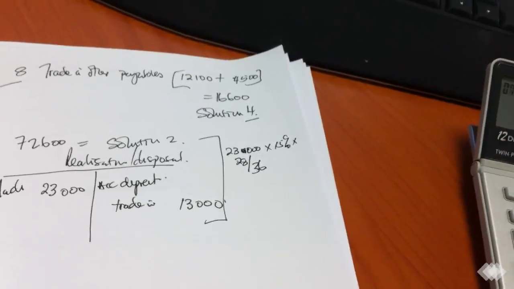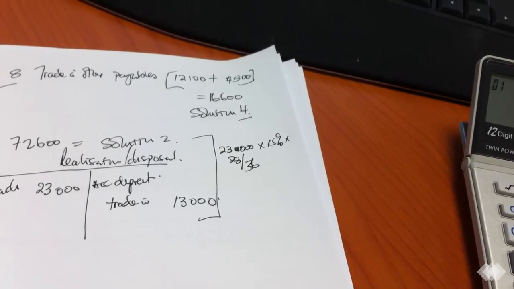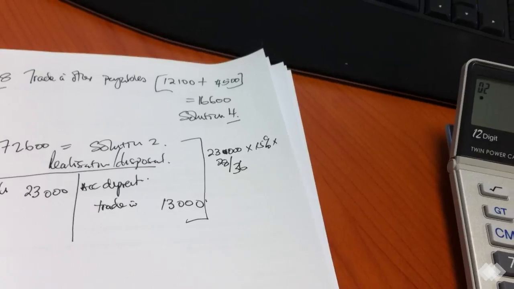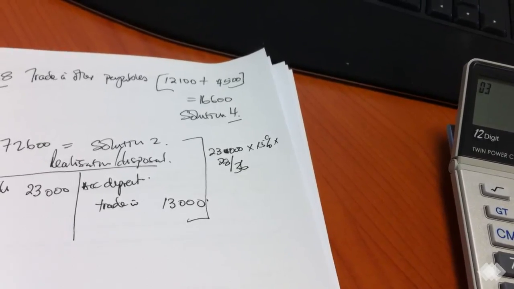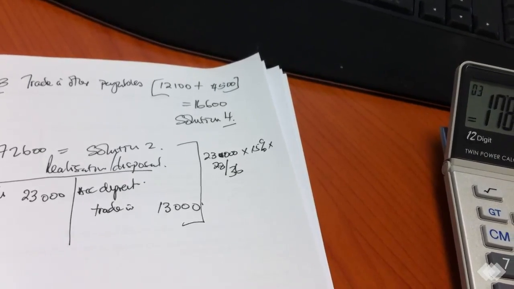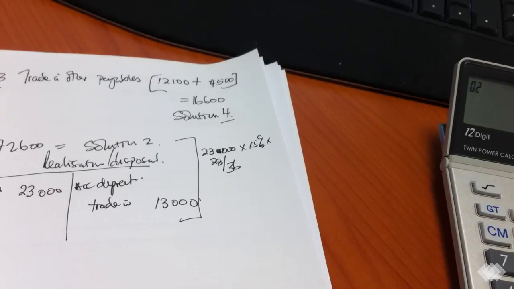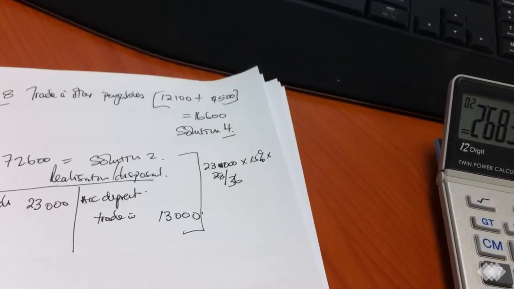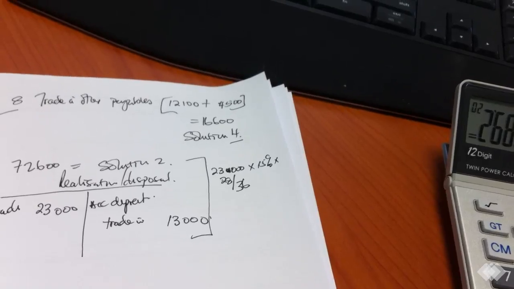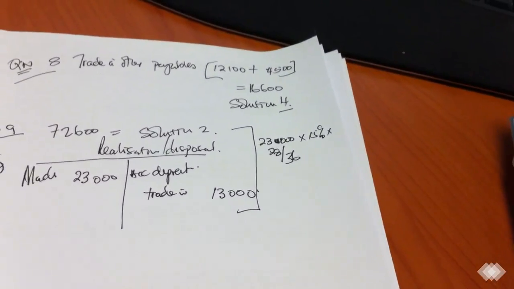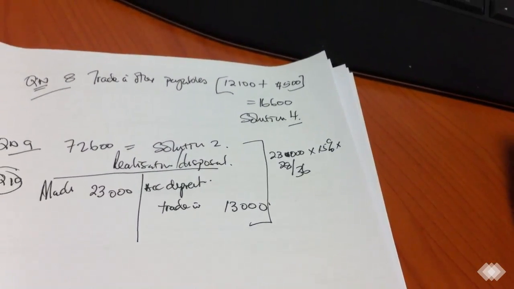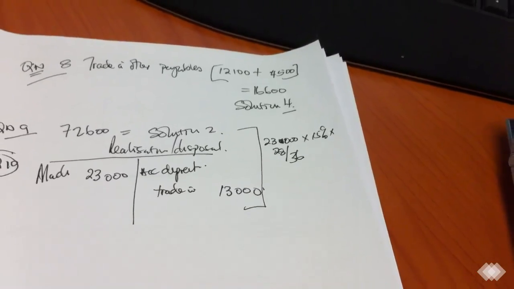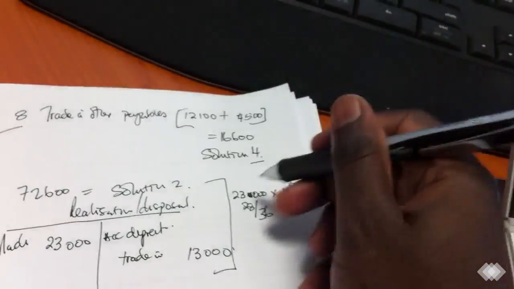Then 23,123 multiplied by 28, divided by 36, multiplied by 15%. Is it going to come out? No, I don't think it will be accurate. Yeah, it won't be accurate.